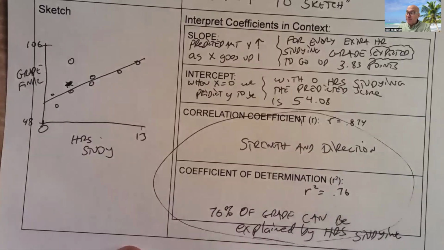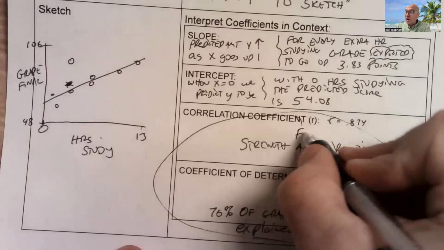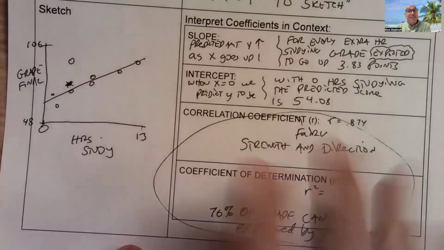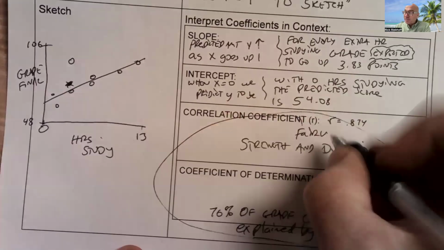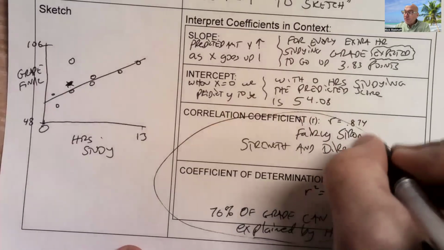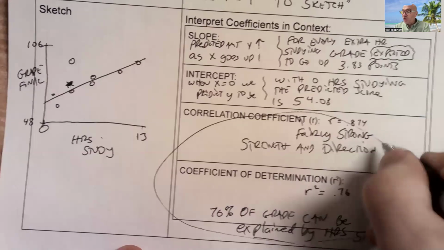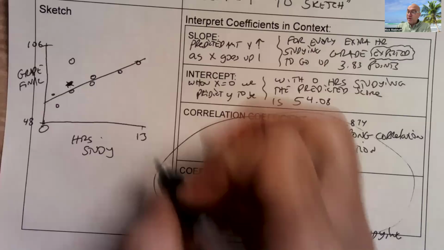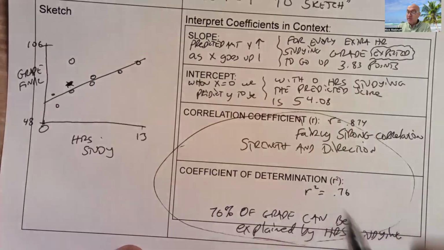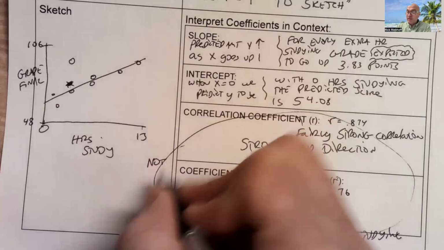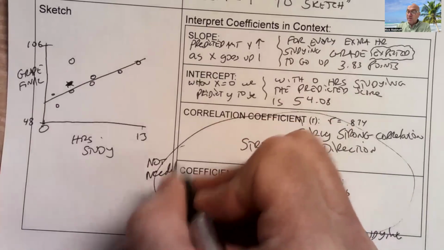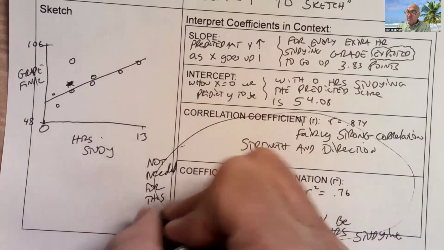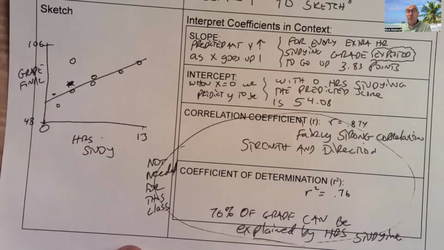This one would be a fairly strong or moderately strong correlation. I'm not worried about this. I just want to give you a little sneak peek into it. These we don't need. You could write a little note there: not needed for this class. Just a little sneak peek. It's kind of cool.